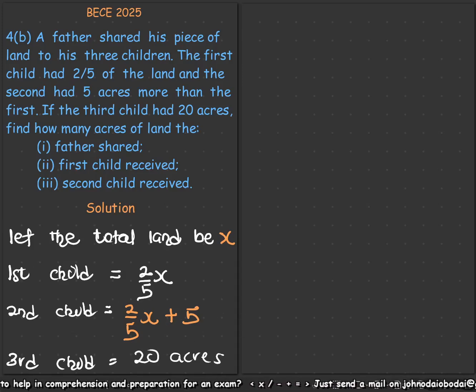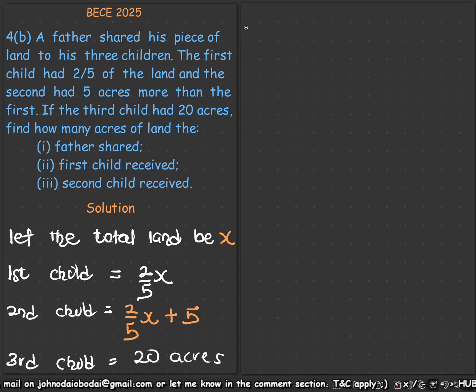So now that we've written out our parameters, we said find how many acres of land the father shared. Now we have said that the total is X. We're told it was shared among these 3 children.